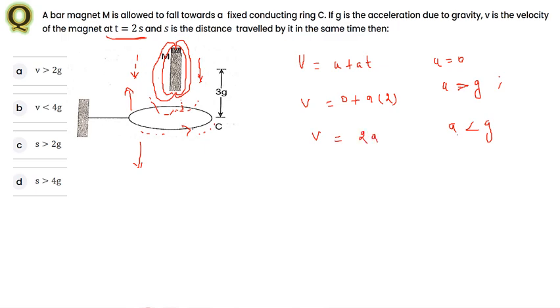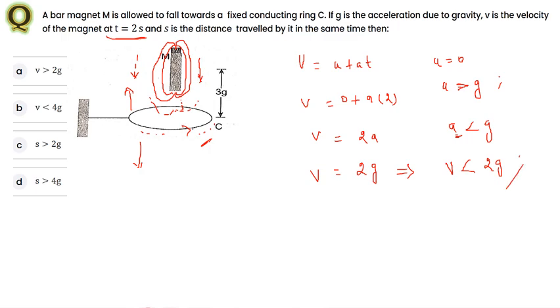If a is less than g, say for example a equal to g, then this will be equal to g. But when the velocity approaches the magnet, it keeps decreasing. So velocity decreases, so it will be less than 2g.